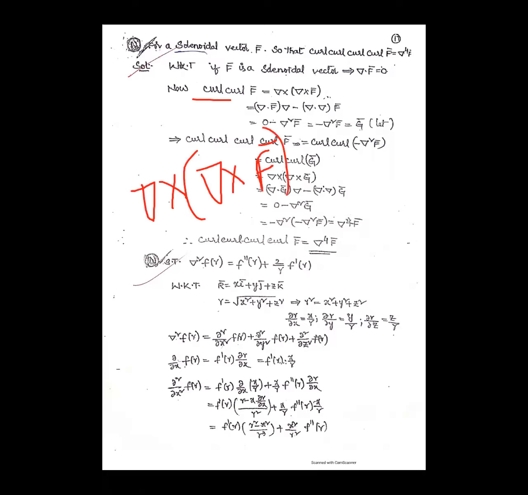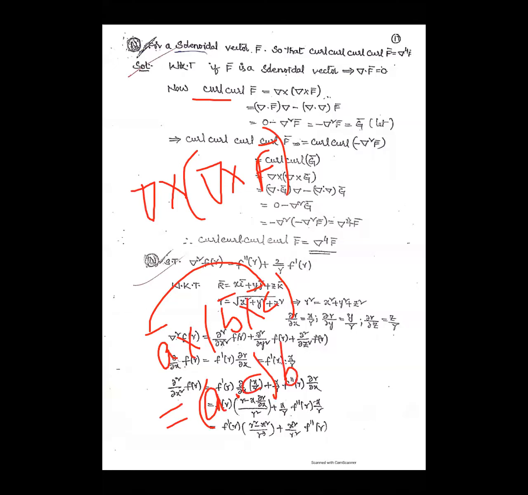So del cross del cross f is like the formula A cross B cross C. Recently I explained the formula: 1 into 3 into B minus 1 into 2 into C. So how to write it? A dot C into B minus A dot B into C. A, B, C are vectors.